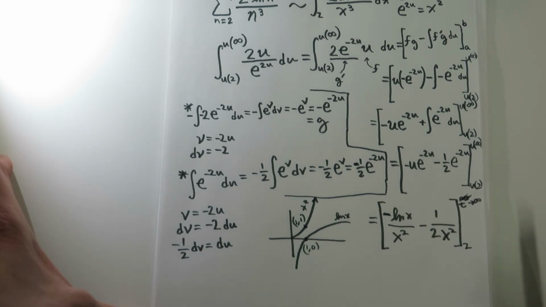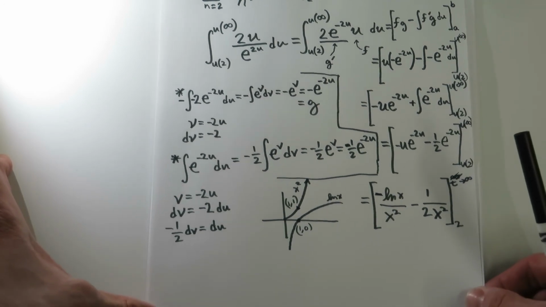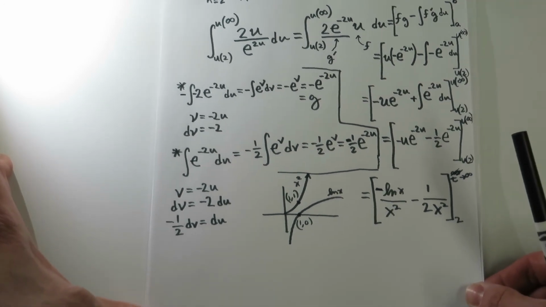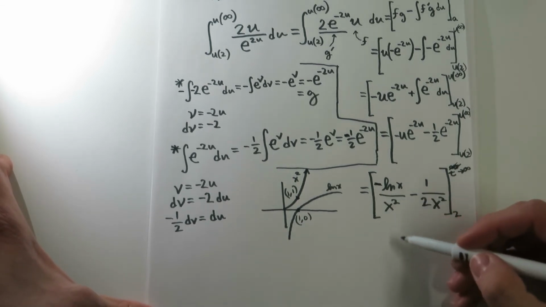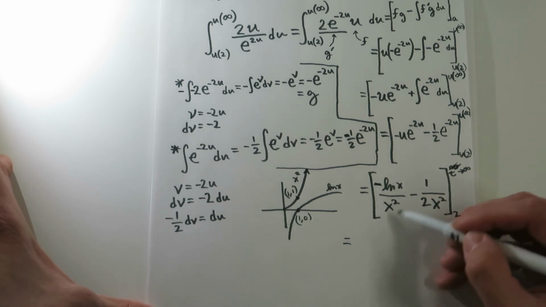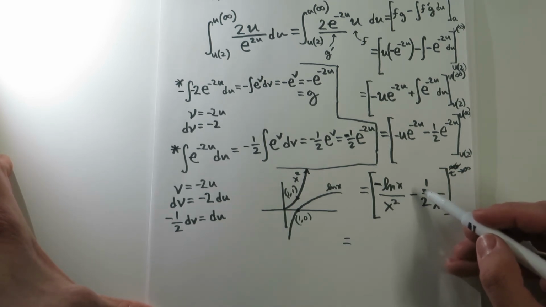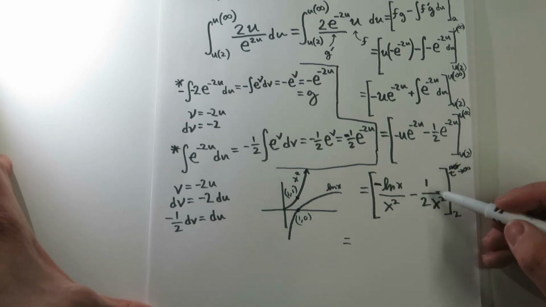So hopefully you can appreciate some of the intuition behind that. Now, again, you could use L'Hopital's rule and verify that, but like I said, I find it's easier if we just use our brains and realize what we're looking at there. So when we evaluate this, it is equal to 0 minus, this would also be 0.